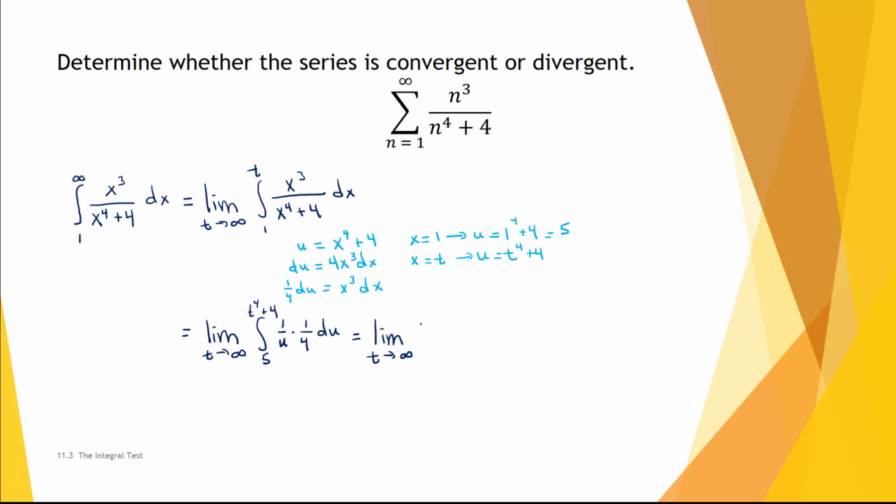Now finding the antiderivative, we have 1/4 times the natural log of the absolute value of u, evaluated from 5 to t to the fourth plus 4. So I have the limit as t approaches infinity of 1/4 natural log of t to the fourth plus 4 minus 1/4 natural log of 5.